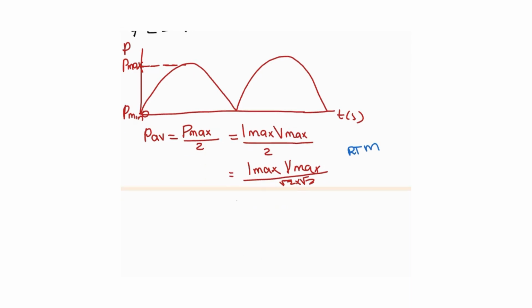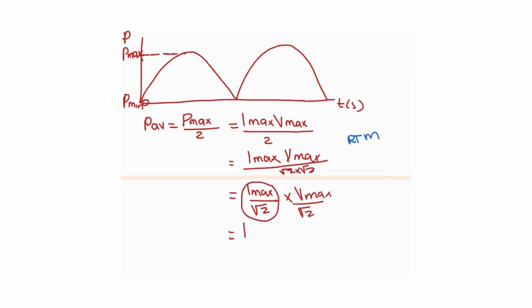So I have replaced 2 with square root of 2 times square root of 2, because I want to now have I max over square root of 2 times V max over square root of 2, and this whole thing now we call root mean square. So it's going to be I RMS times V RMS equals to what?